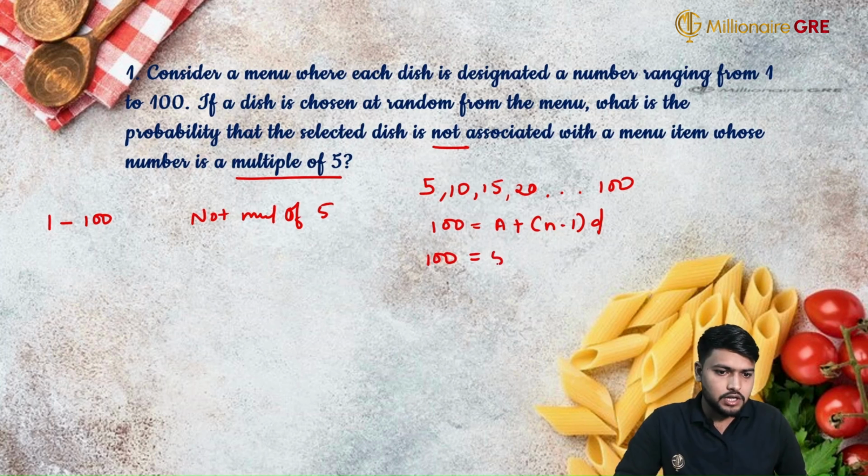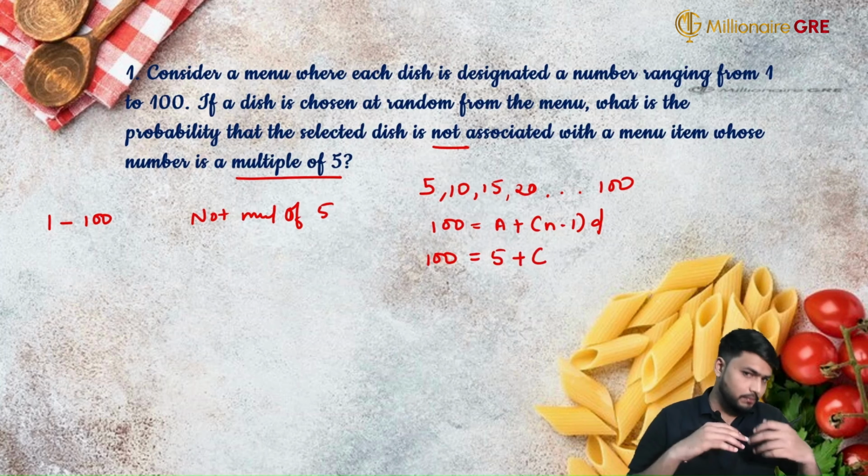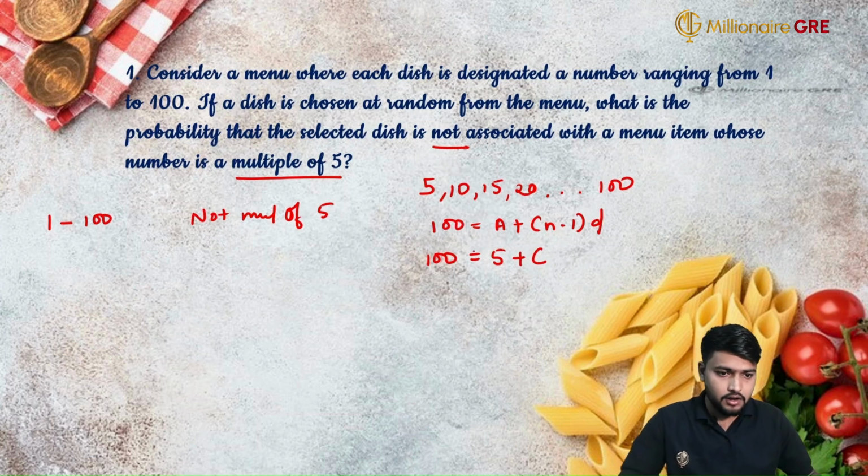A is the first term, which is 5, n is the total number of terms which we have to determine, and D is the constant difference, which is 5 here.